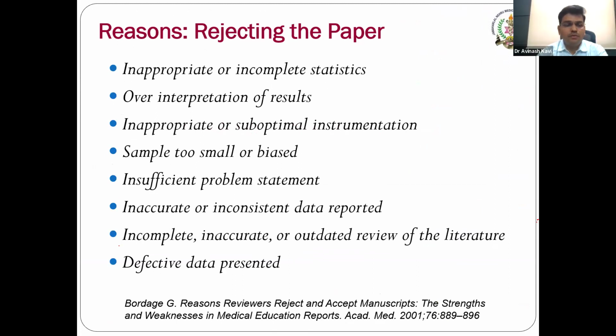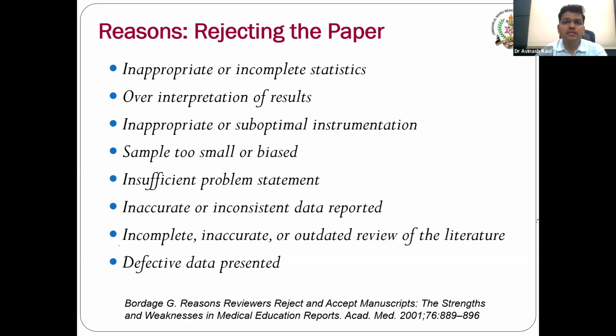We all know, as a part of generating evidence, the first step of evidence-based medicine is publishing our research in a reputed indexed journal. But often we feel disheartened after seeing the comments and the rejection by the editor. But what are the reasons why it is being rejected?